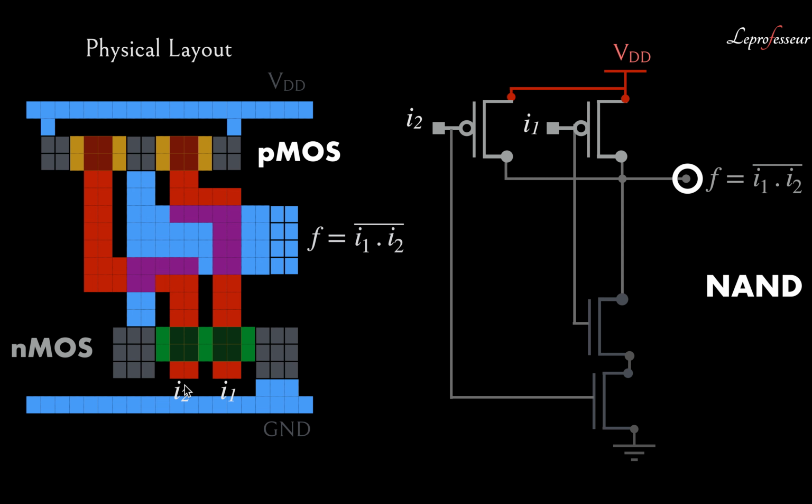Or in other words, the polysilicon or red lines which are making the gate of transistor, we can call I1 and I2 inputs, as if they are I1 and I2 inputs. And this output which we are taking from the intersectional joint is the desired output of the NAND gate. All right.